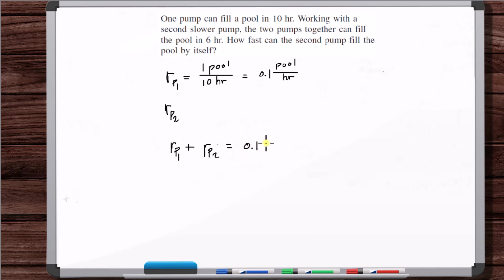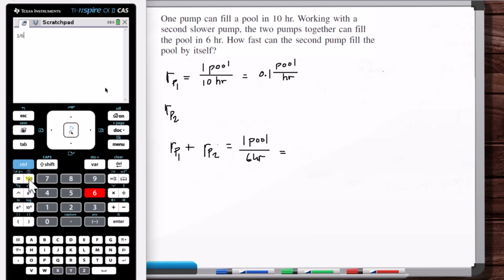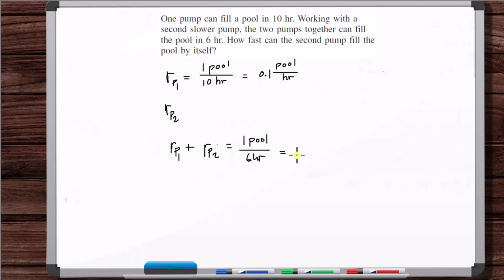So we've got 0.1. Well, okay, no, let's just, RP1 plus RP2 is what? It says they can fill the pool in 6 hours, so this is one pool, so 0.167 pools per hour.